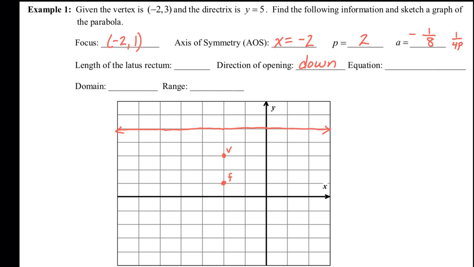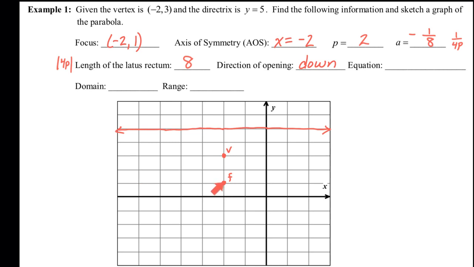All right, so the length of the latus rectum is the absolute value of 4p, which would be 4 times 2, which is 8. Now, if your latus rectum is 8, and the latus rectum passes through the focus, that means you're going to go 4 units on this side of the focus and 4 units on this side of the focus.